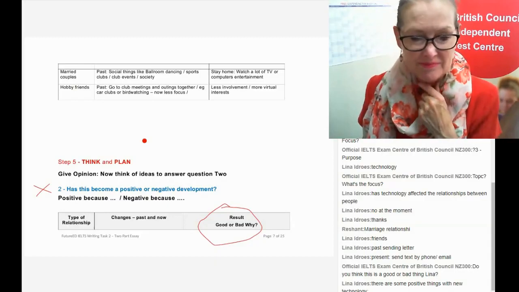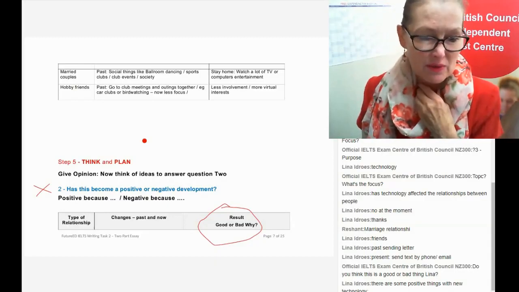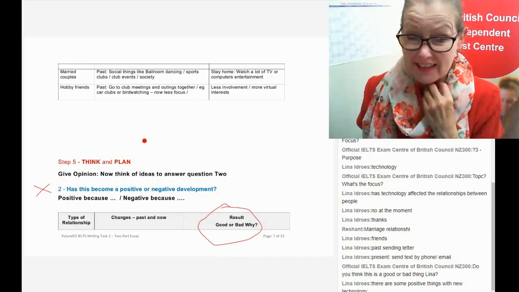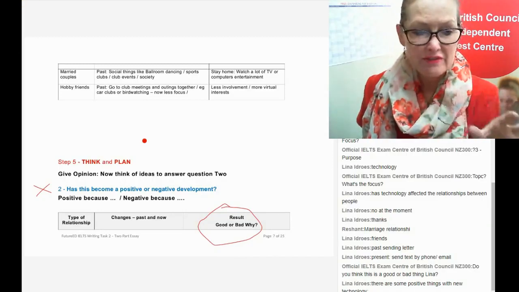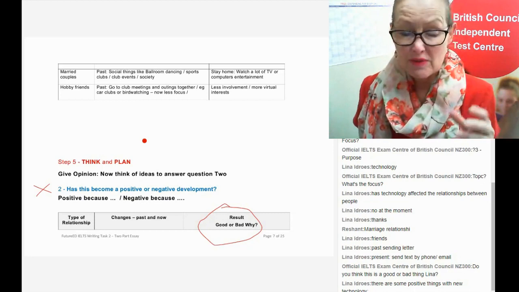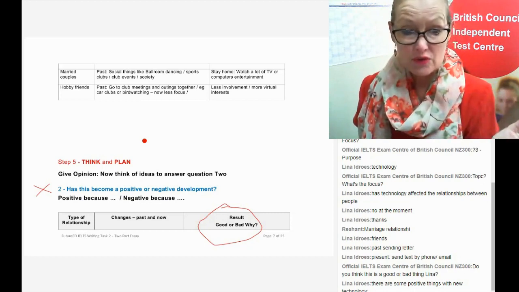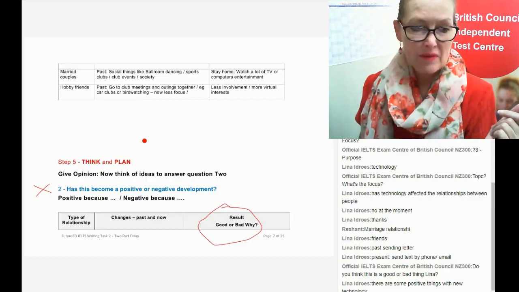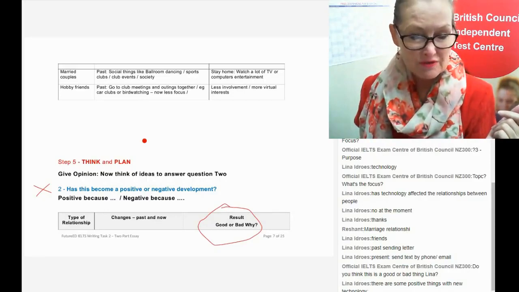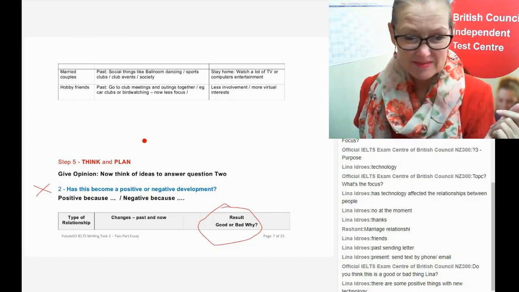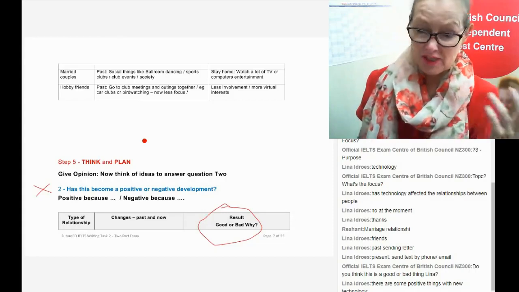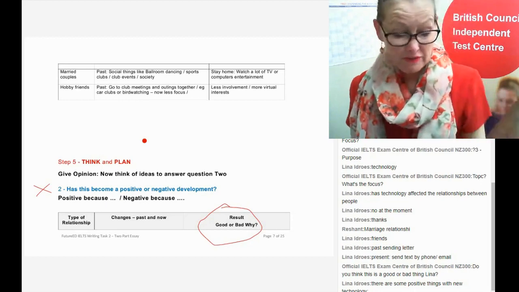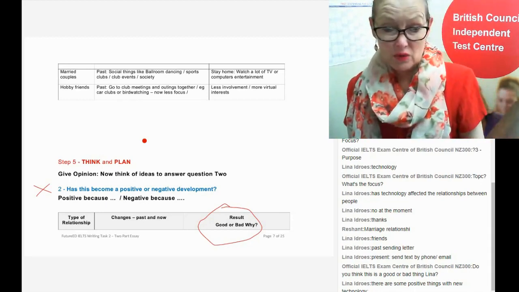Good. Now let's have a look at the second question. So think and plan. Now we're going to give our opinion. Do we think that this is a good or bad thing? There's our question over here in blue. Has this become a positive or negative development? And we could say it's positive because, so we want to give a reason, or negative because.